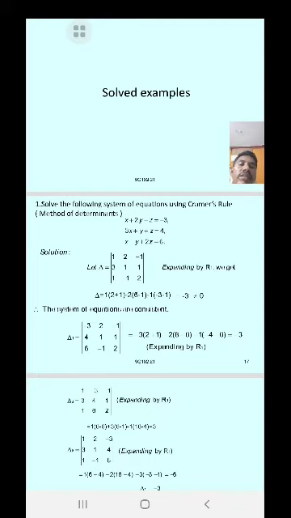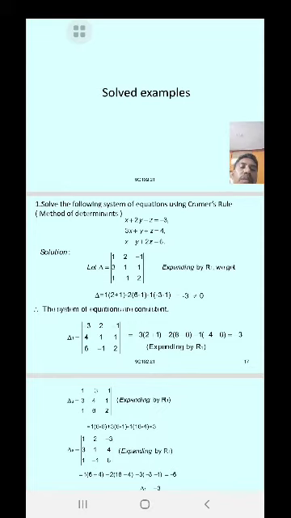From the first equation, we are taking the coefficients of x, y, z as the first row. Similarly, from the second equation, we are taking the coefficients of x, y, z and writing them as the second row, that is 3, 1, 1. And similarly, the third row, from the third equation, 1, minus 1, 2.